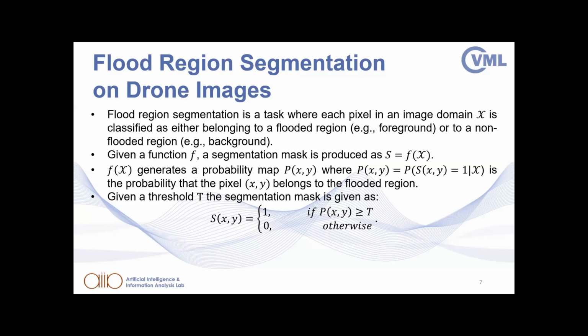The function works by creating a probability map showing how likely each pixel belongs to a flat area. And this probability, denoted as P, gives a value between 0 and 1 for each pixel. Next, we apply a threshold T to the probability map. If the probability of a pixel is greater than or equal to the threshold, we classify it as part of the flat region. If it's below the threshold, it's classified as non-flat.